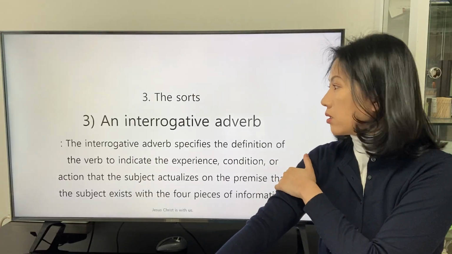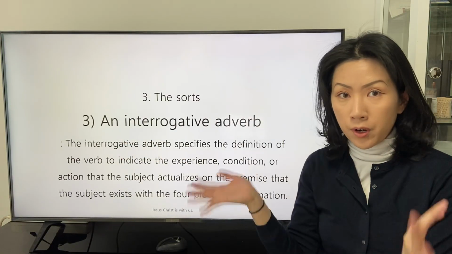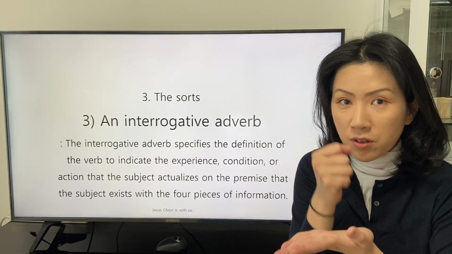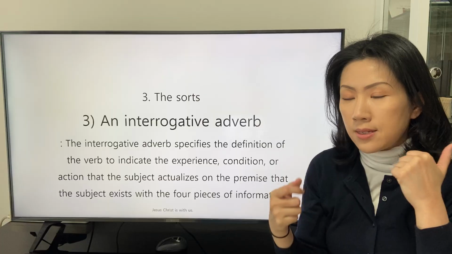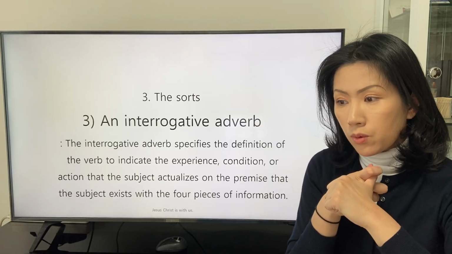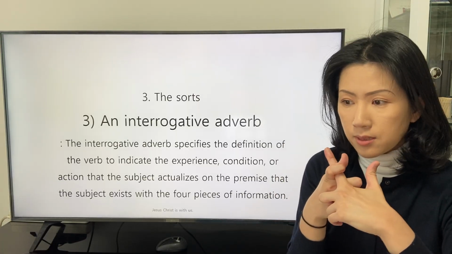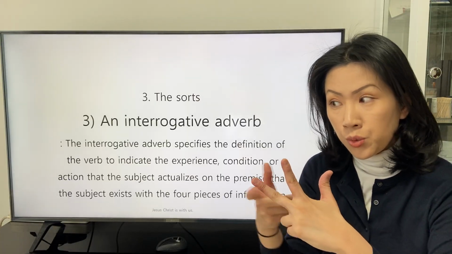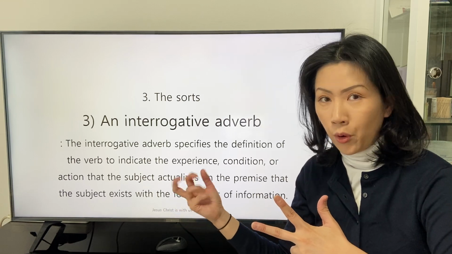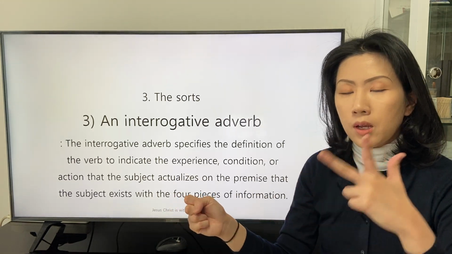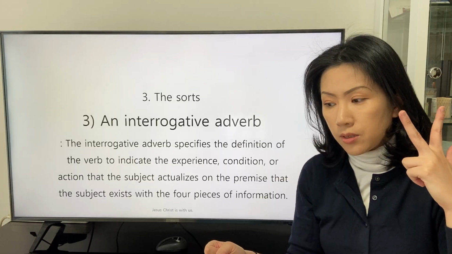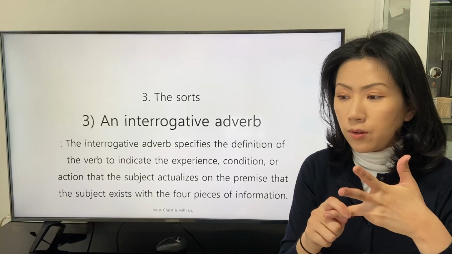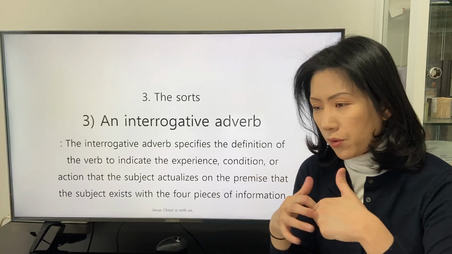The interrogative adverb describes the definition of the verb of the clause about its time, its place, its way to a condition, according to the way, or the reason for the actualization.